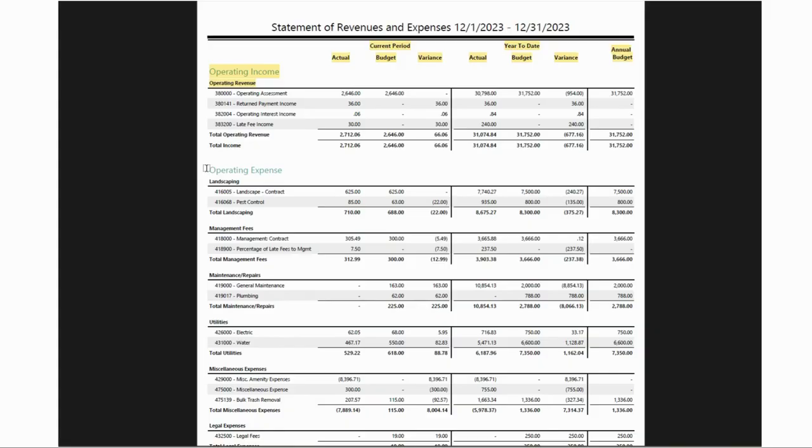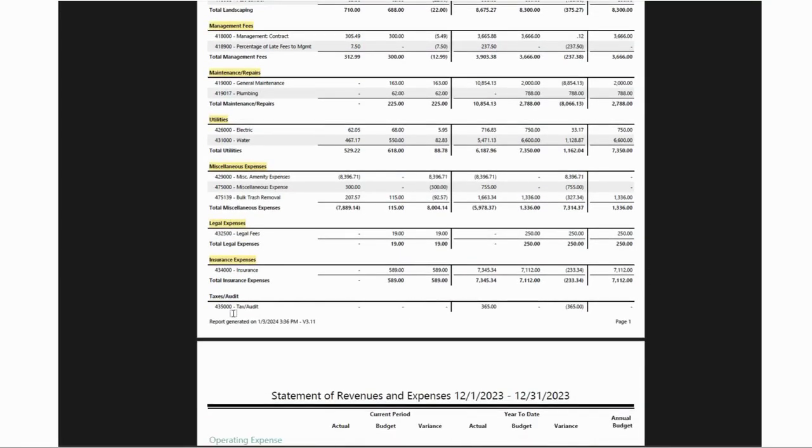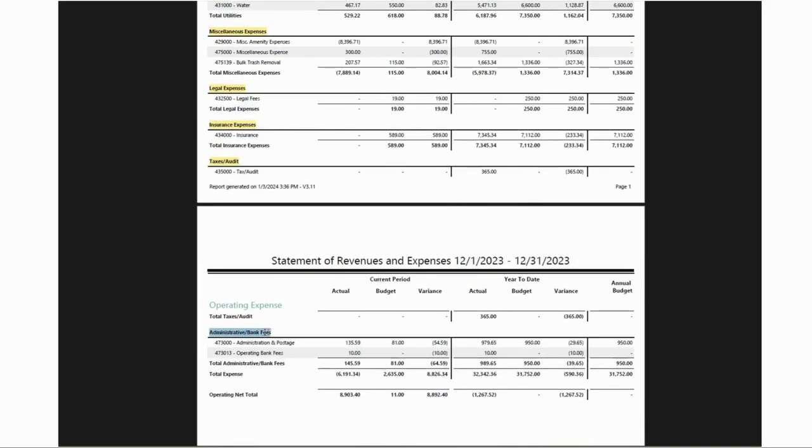Within the operating expense section, some examples of categories you may see are landscaping, management fees, maintenance and repairs, utilities, miscellaneous expenses, legal expenses, insurance expenses, taxes and audit, and administrative and bank fees.